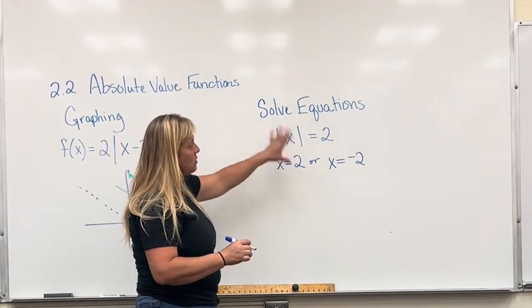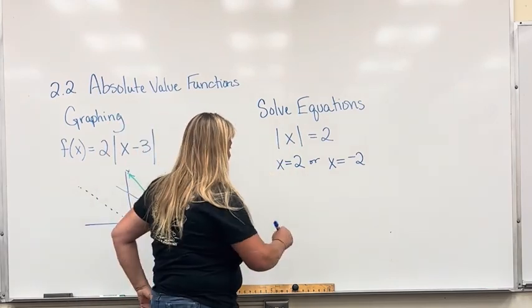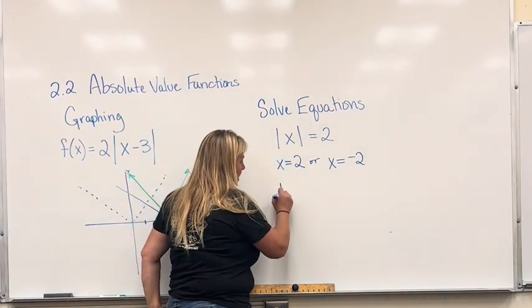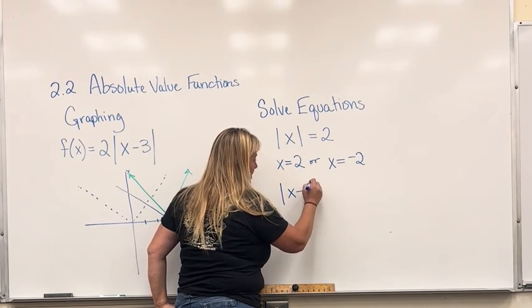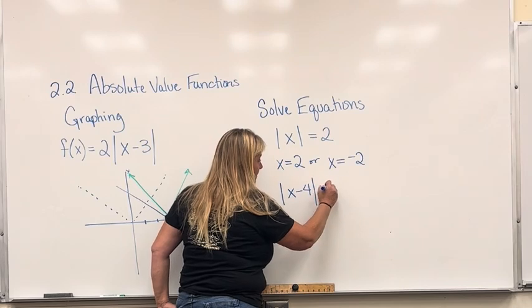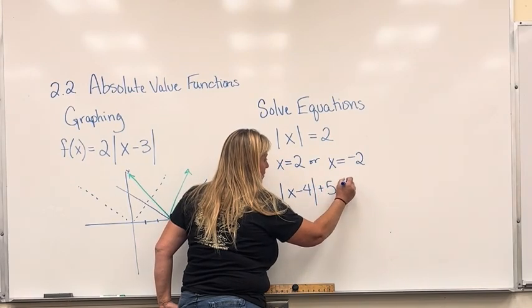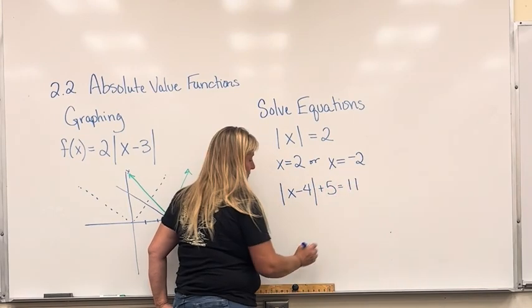So that's the most basic, but let's see one that's really working here, okay? And again, not too hard to start us off with. Let's say we have absolute value of x minus 4 plus 5 equals 11.